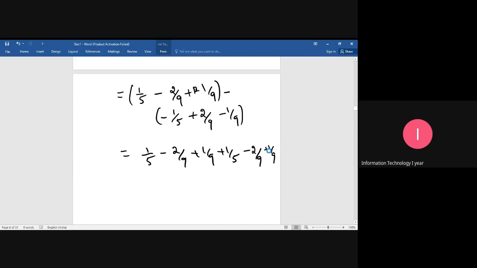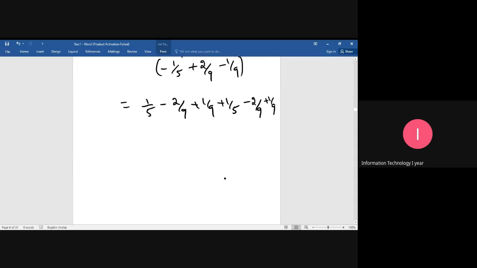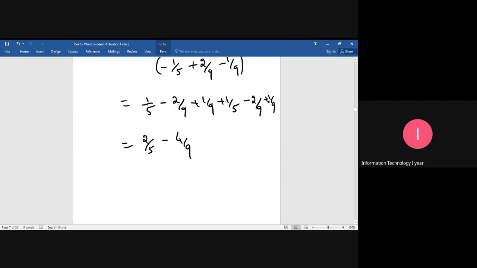So therefore norm W3 square is equal to 1 by 5 plus 1 by 5, which is 2 by 5, minus 4 by 9, plus 1 by 9 plus 1 by 9, which is 2 by 9.